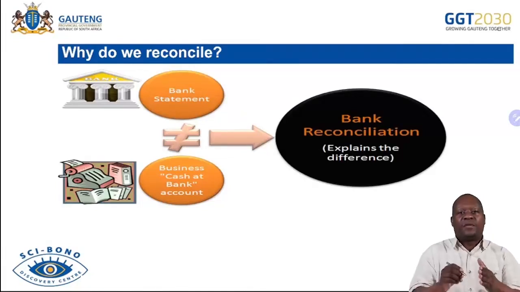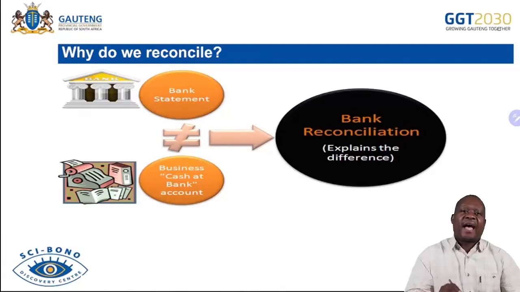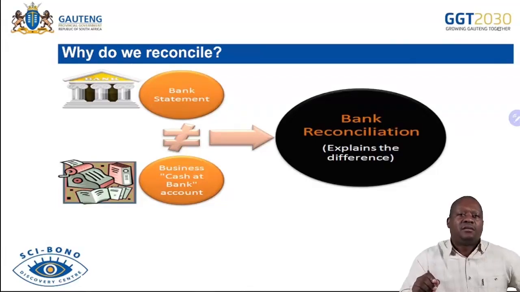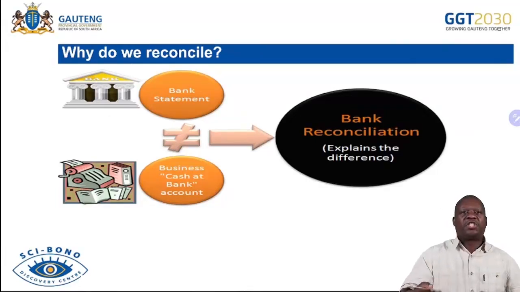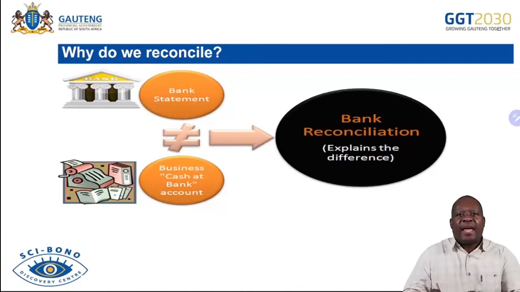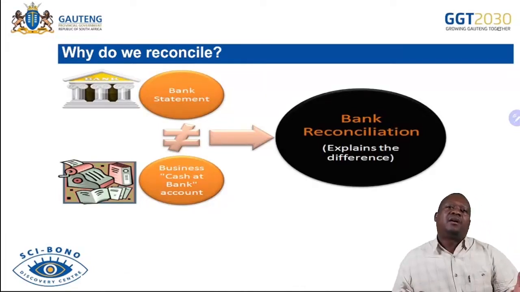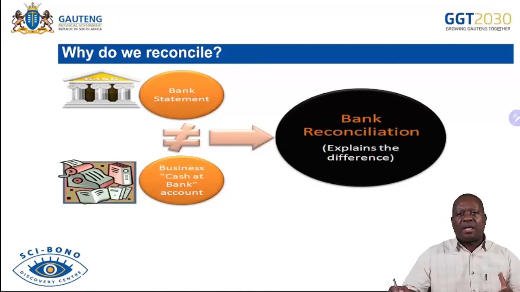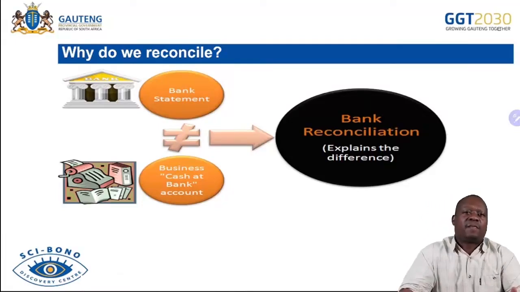They are recording on their CRJ and the CPJ. Now, if there are any differences between these, then the process of reconciliation kicks in. So reconciliation explains why there are differences between the bank records and the business records.